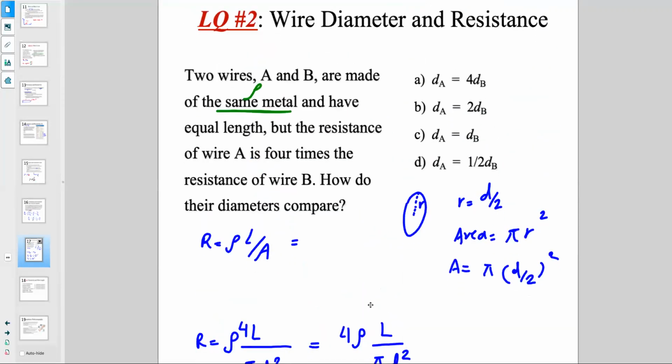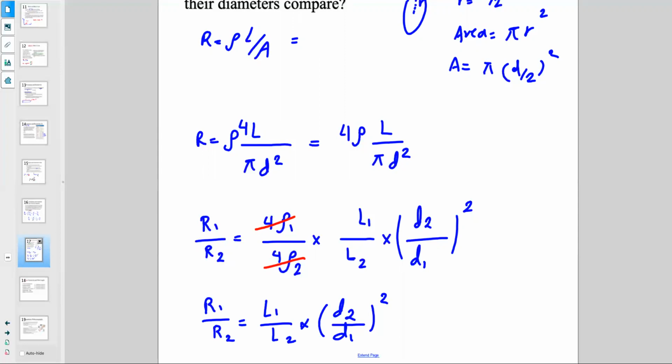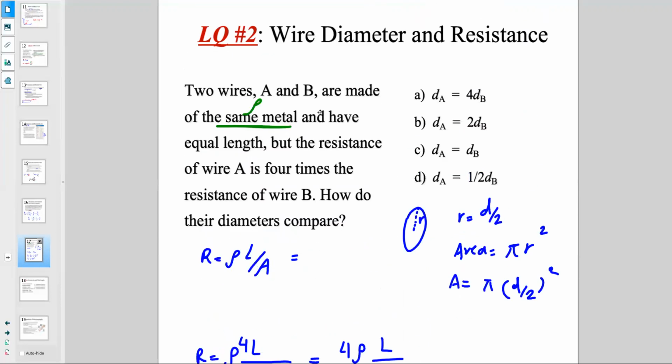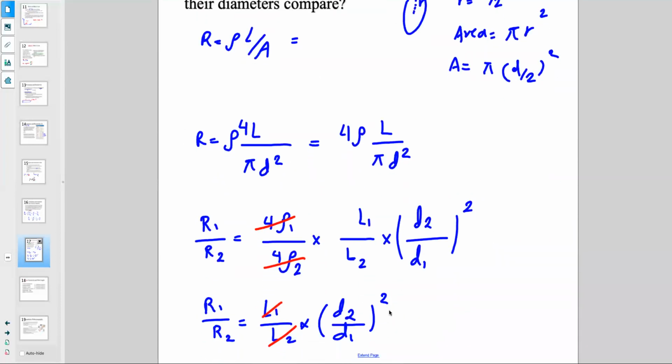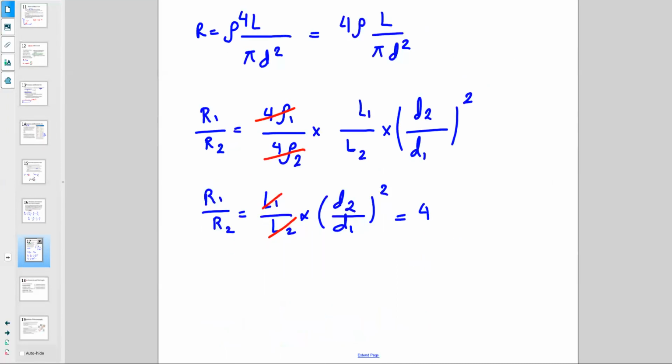Now, what it says is that the two wires A and B are made of the same metal and have equal length, so L1 and L2 are the same as well. And the resistance of wire A is 4 times the resistance of wire B. So, in other words, this ratio, R1 over R2, is 4. In other words, this ratio to the power of 2 is that.